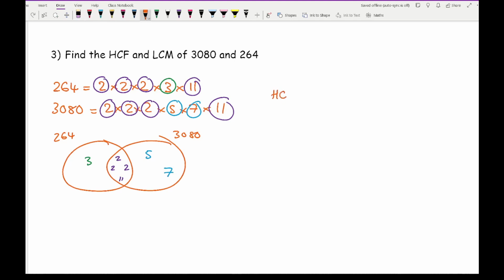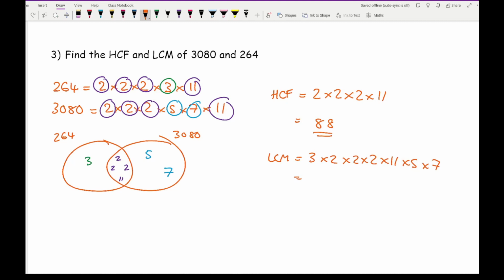So here the highest common factor is going to be the numbers in the middle multiplied together. So that's going to be 2 times 2 times 2 times 11. And if I type that in, that's going to give me an answer of 88. And the lowest common multiple is going to be 3 times 2 times 2 times 2 times 11 times 5 times 7.